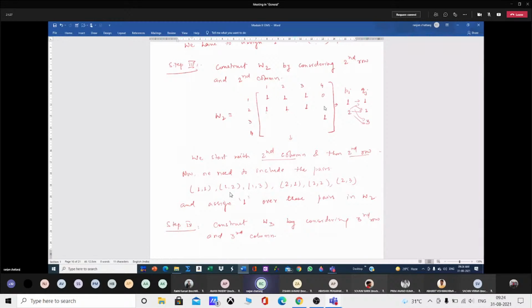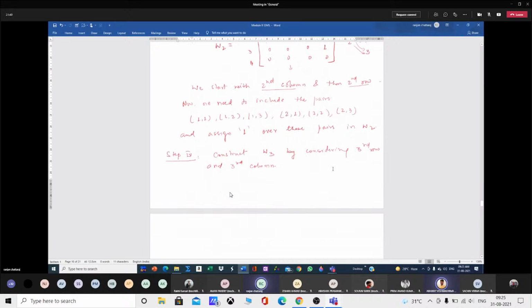Okay, assign the 0 to all. Okay, so third row, third column. Is it 1, 1, 1? Let me find it.